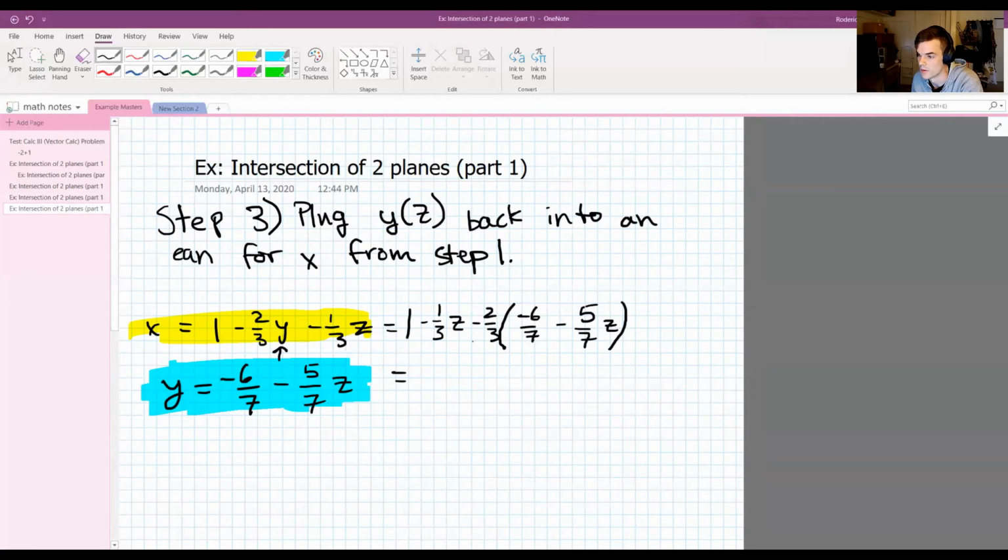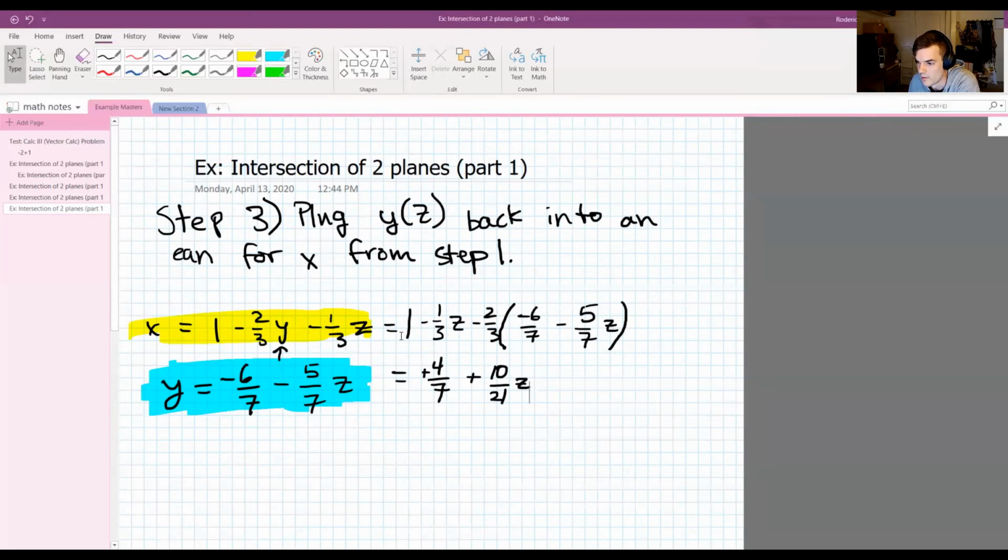Distributing the minus 2/3, this becomes 2/7, and this 3 cancels out, so it's actually going to be 4/7, plus 2/3 times 5/7, plus 10/21 z.